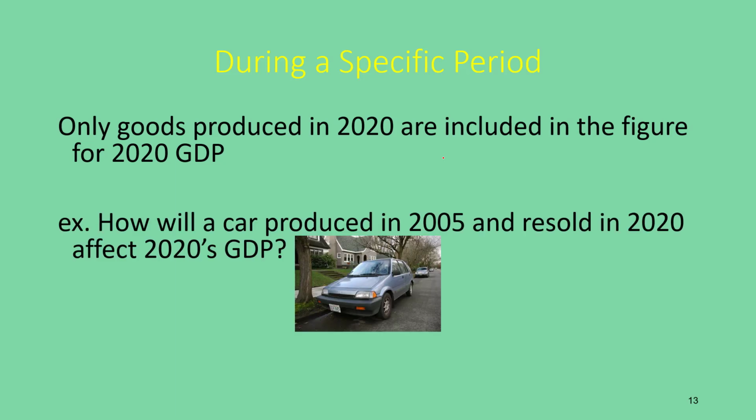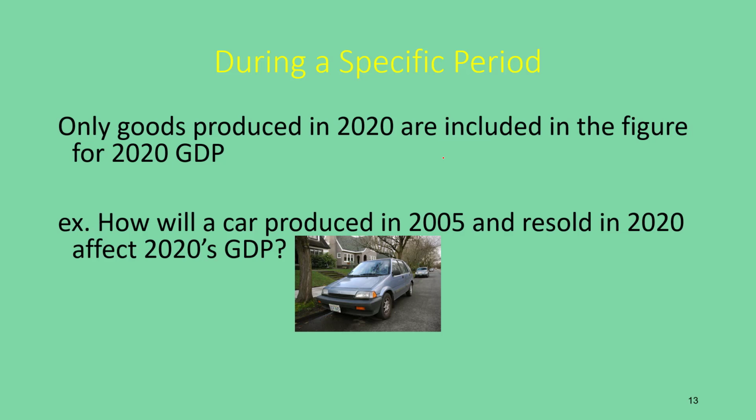With that in mind, if a car is produced in 2005 and then resold in 2020, that wouldn't affect 2020's GDP at all because it was already added into 2005's GDP when it was produced during that year.